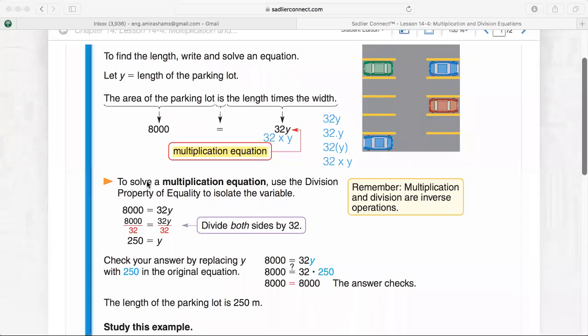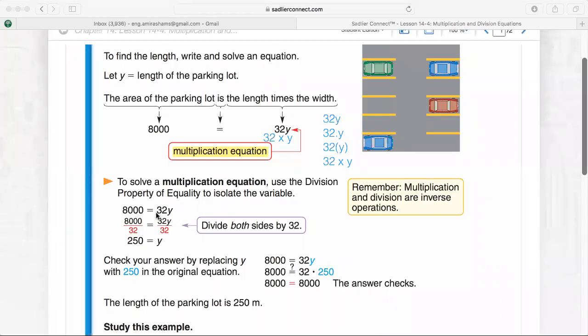So to solve a multiplication equation, use the division property of equality to isolate the variable. How am I going to isolate it? Divide by 32 on both sides.